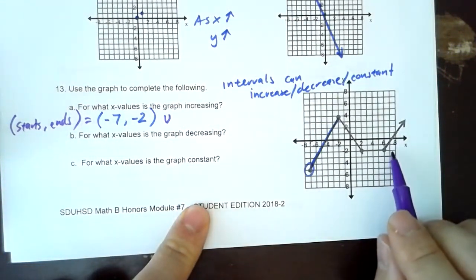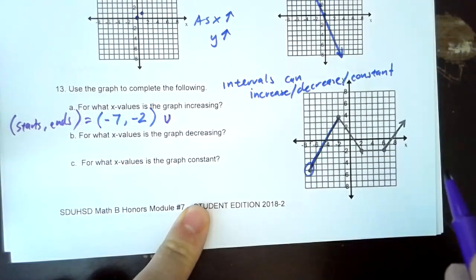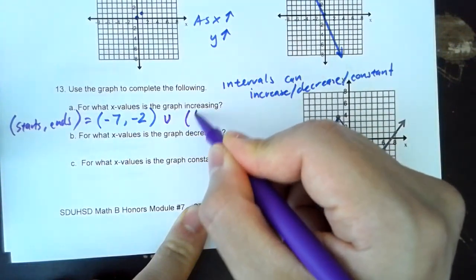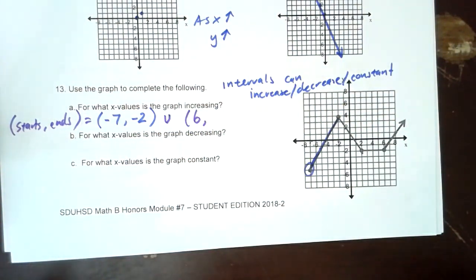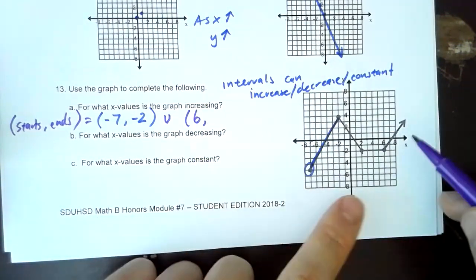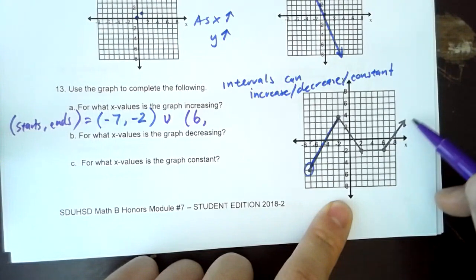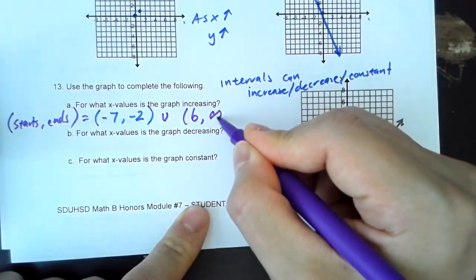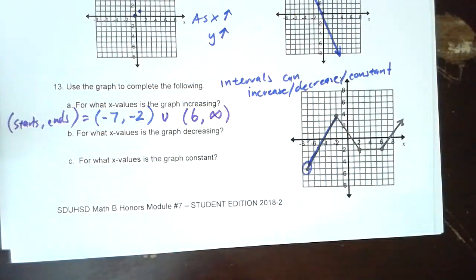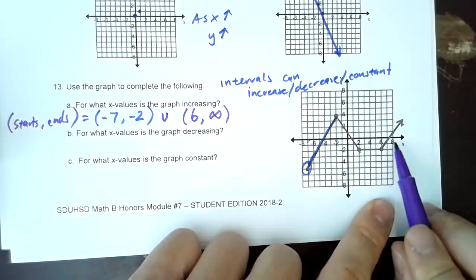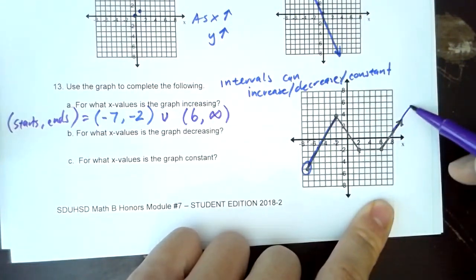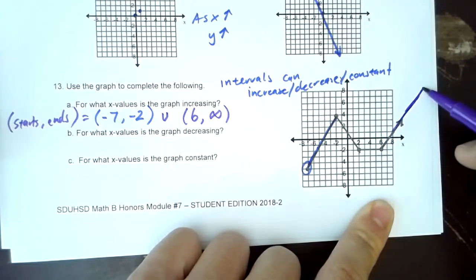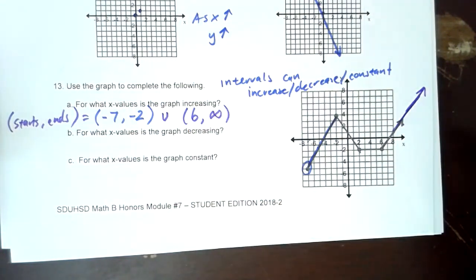There's another section that's increasing, and the increasing section is going to be from 6, comma, and comma just means it's kind of like dashed. It means continues from 6 to. Now, this doesn't actually stop. So when it doesn't stop, that's where we use the infinity, because it basically means that this will continue to increase forever, because an arrow technically never ends.